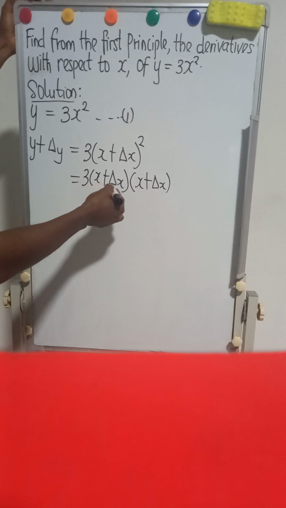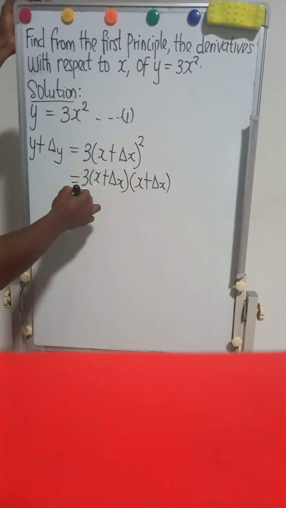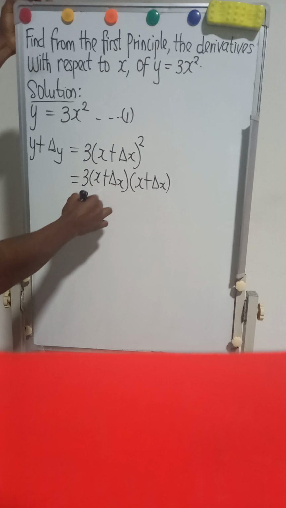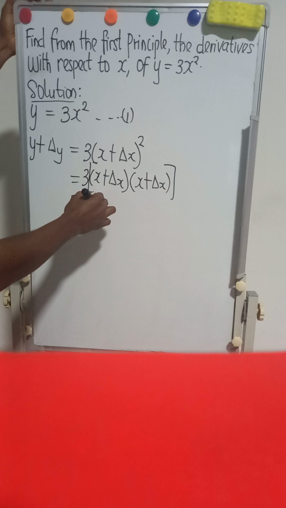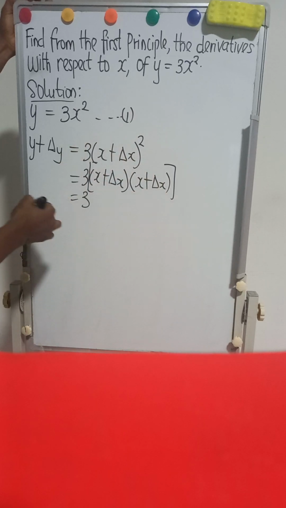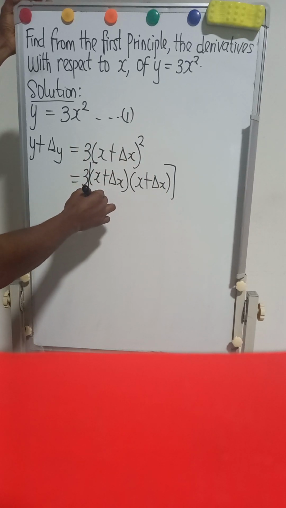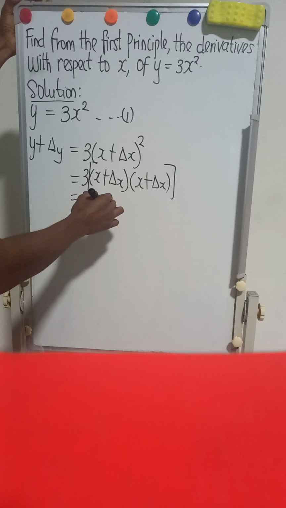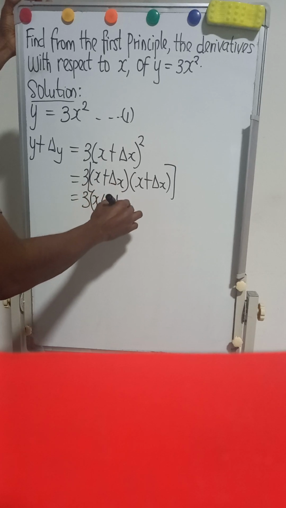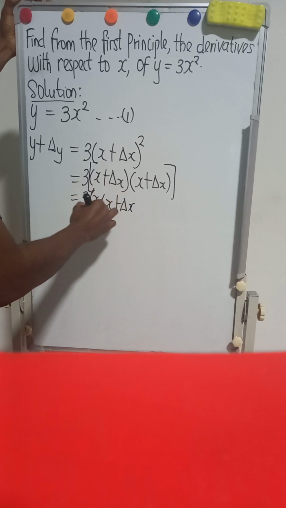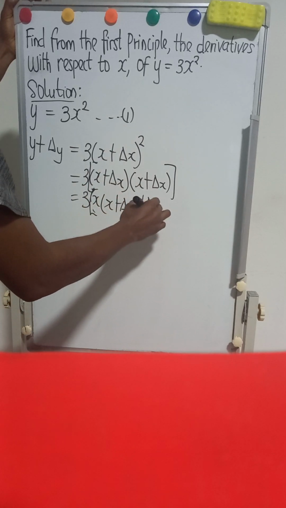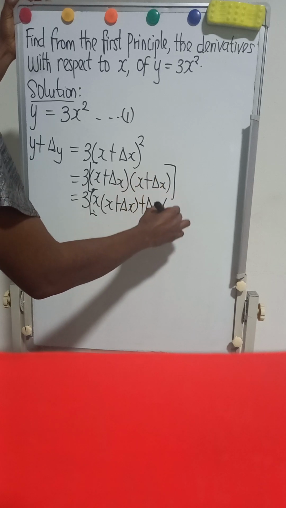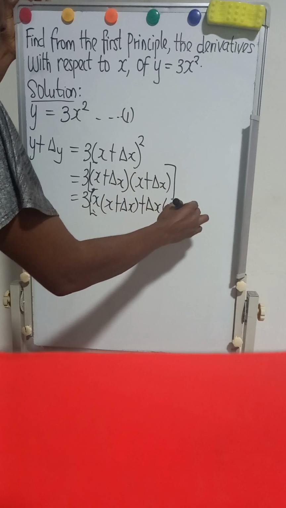So expanding, we have x times x, so that will give us 3. We are using this to multiply this, to expand these two brackets. So we use x to multiply x plus change in x, then use plus change in x to multiply the second bracket, x plus change in x.